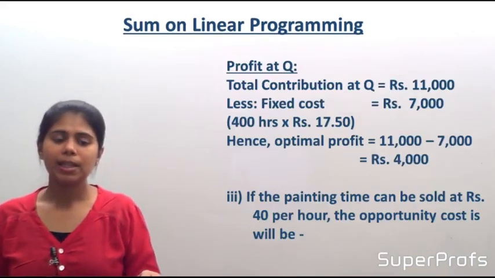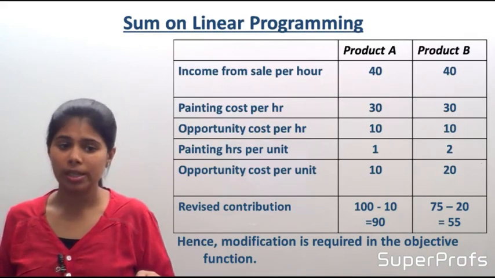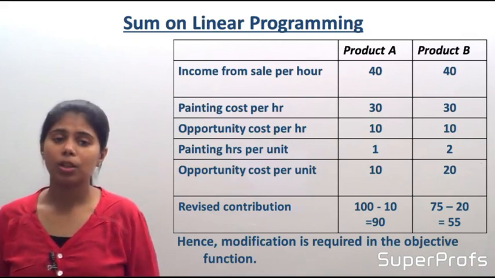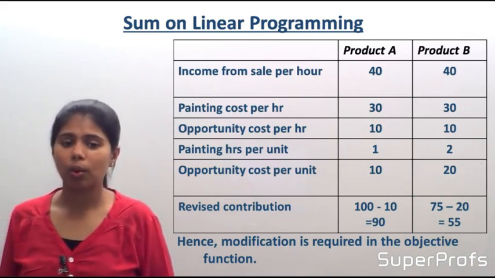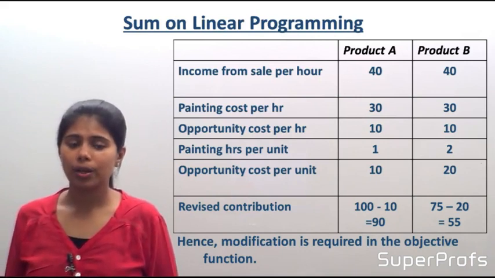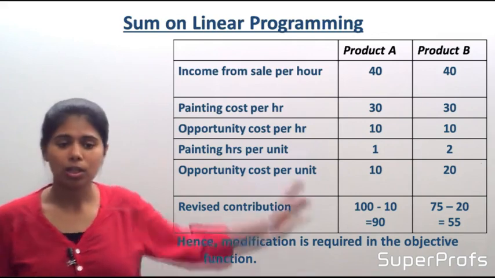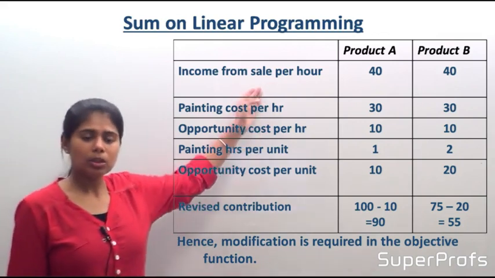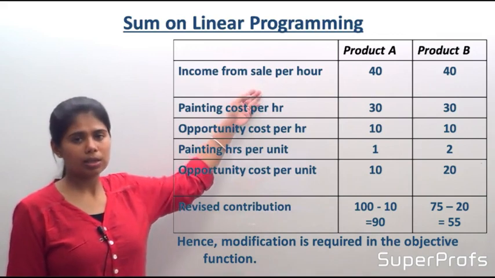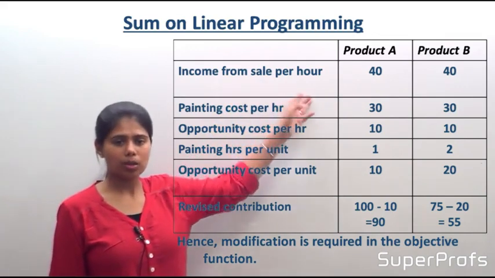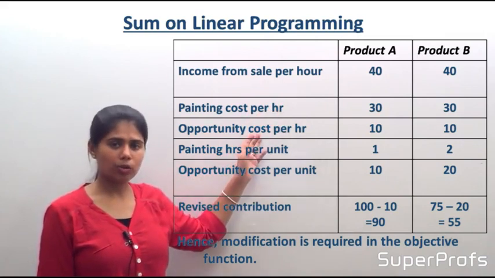So if the painting time can be sold at rupees 40 per hour, the opportunity cost will be for product A and B from sale of 1 hour. So painting cost per hour is 30. Opportunity cost becomes 40 minus 30, which is 10. Since my income from selling this painting service in the external market separately is 40 rupees per hour, and my painting cost is 30 rupees, I have an opportunity cost of 10 rupees per hour.